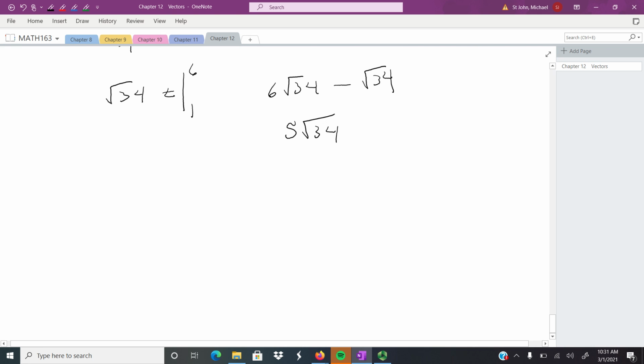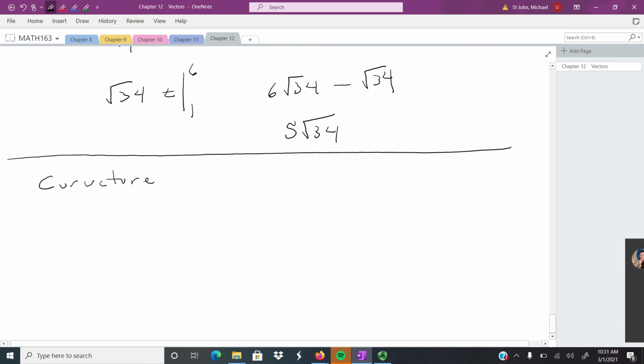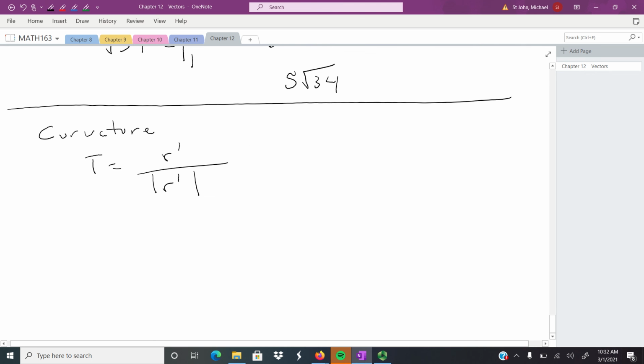And then lastly, we finish off with curvature. So T equals r prime over the magnitude of r prime. And then we can also write curvature as kappa equals the magnitude of dT over ds.